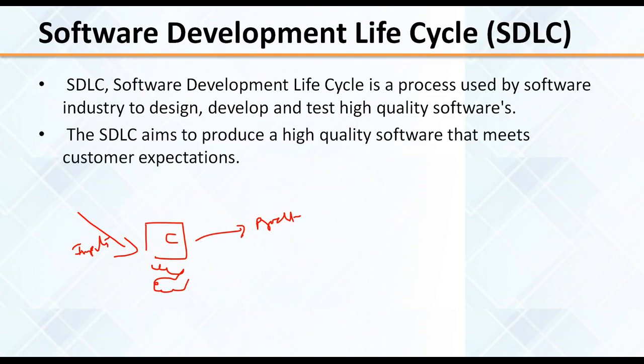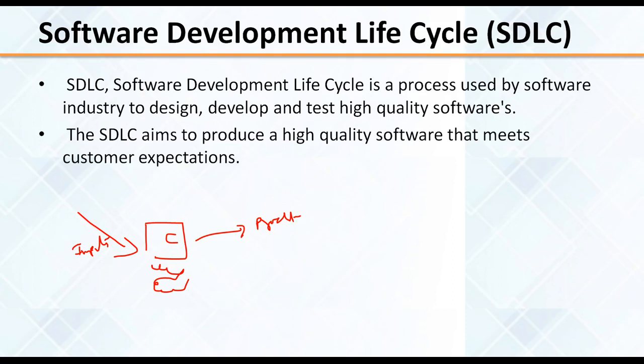Similarly, an IT company takes all the inputs and requirements from the customers, develops the software, and then delivers the software to the customer. The development of a particular software should happen in multiple phases, and many people work in different phases.